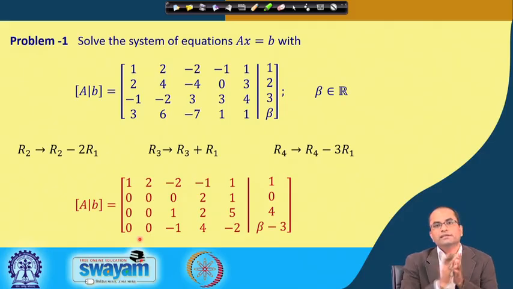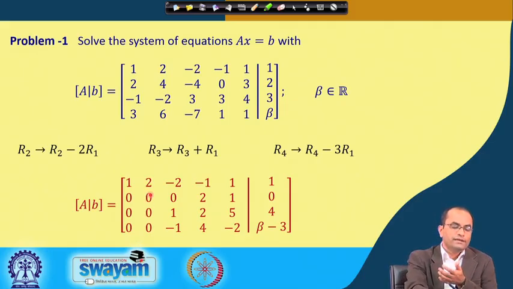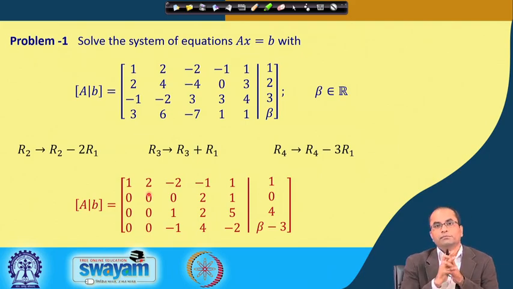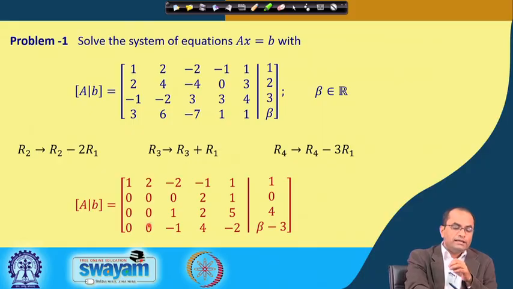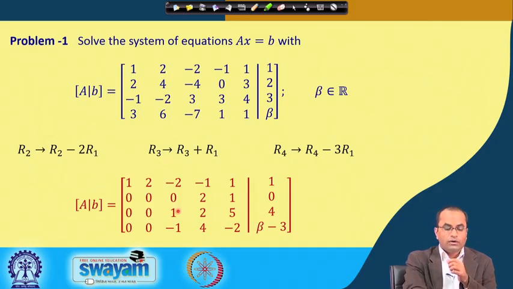x2 is automatically removed, which usually we do not get, such a nice matrix where x2 is removed without any operation. Otherwise, we have to repeat this with the help of the second equation, to eliminate this second variable from equations 3 and 4. But this is already eliminated, and now we will go to the third one, that is, for x3 we have to make all the coefficients 0 in this third column.